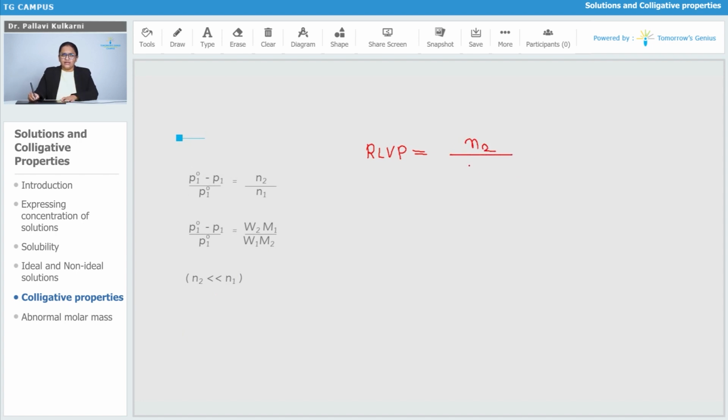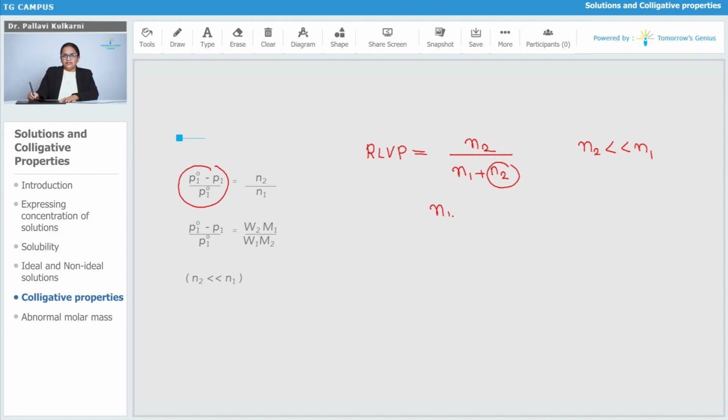X2 is the mole fraction of component 2, which is N2 divided by N1 plus N2. Here N2 is the number of moles of solute particles and N1 is that of the solvent particles. We know it is a dilute solution, so N2 is very small as compared to N1. Therefore, we can ignore N2 in the denominator. So RLVP will be equal to N2 divided by N1.